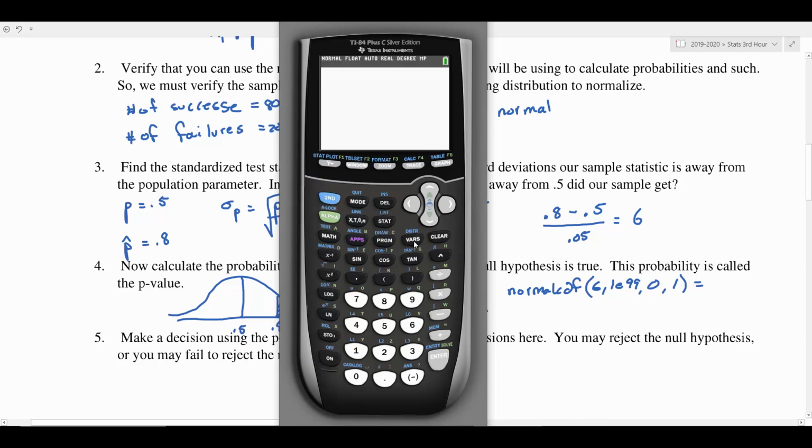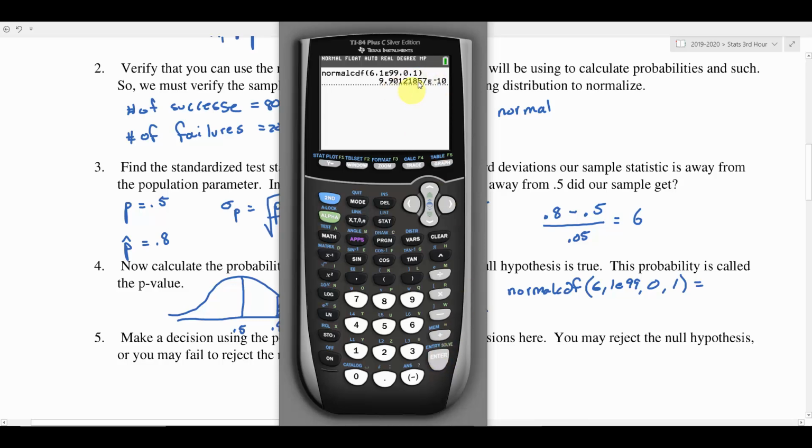We'll go second vars, to normal CDF, and we're putting in our left bound as 6, our upper bound is going to be 1E99, and then our mean and standard deviation are 0 and 1. And let's calculate that probability.